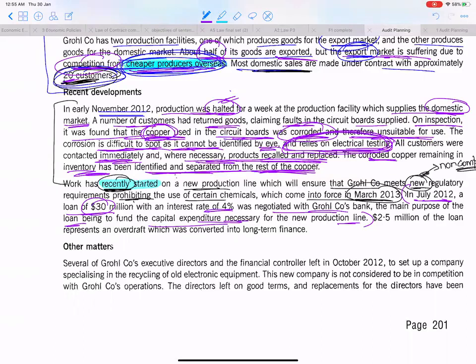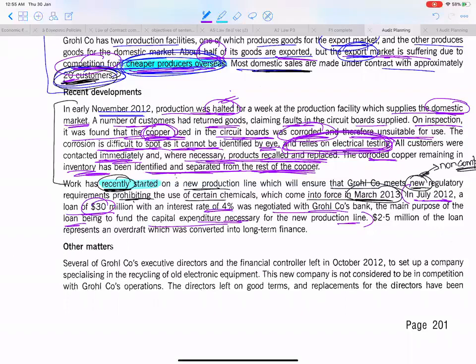So we have taken a loan of 30 million. Now you all know that when we take a loan, there is a risk of bankruptcy, there is a risk of greater covenants, there is a risk of increase in finance cost. So it's always risky to take a loan.